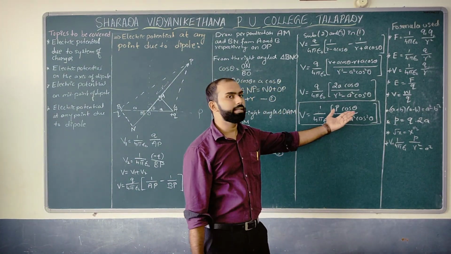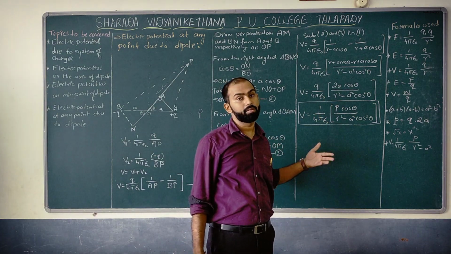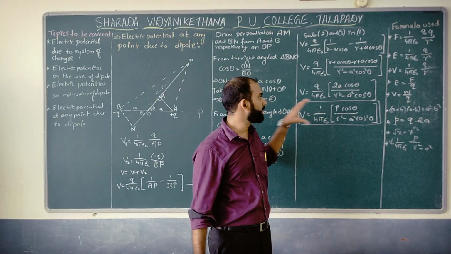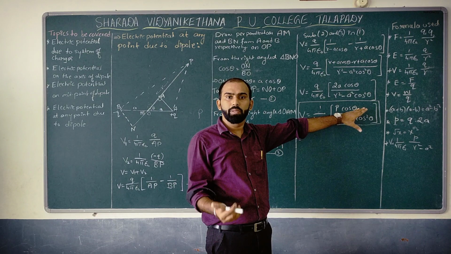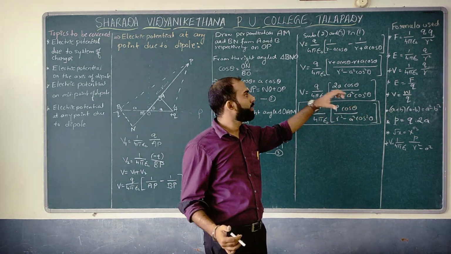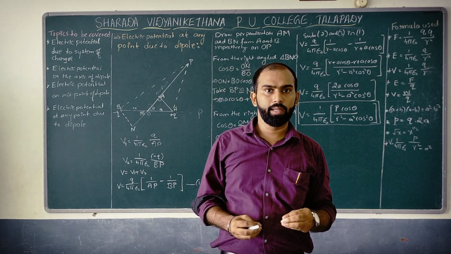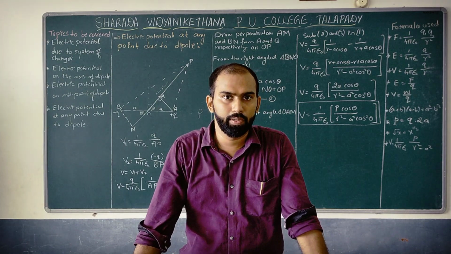So cos 90 is how much? 0, and 0 into anything is 0. So by having one single derivation or one single expression, we can expect all the things based on the electric dipole. That's why this derivation we can call electric potential at a general point. So this is what exactly I wanted to tell in this particular concept.